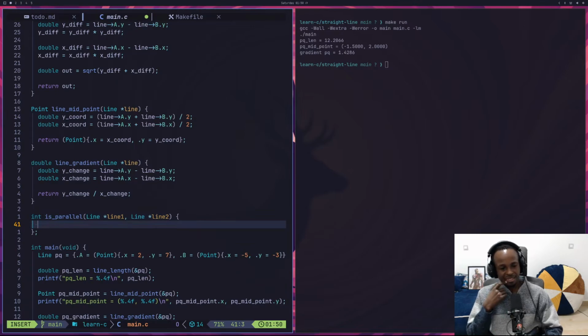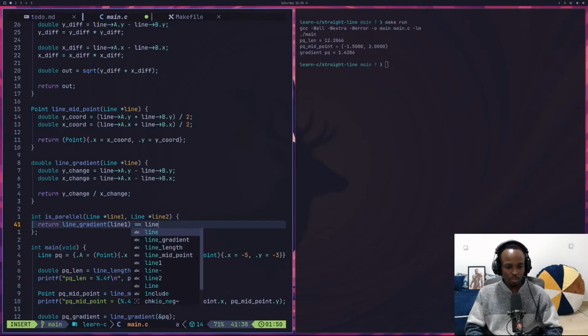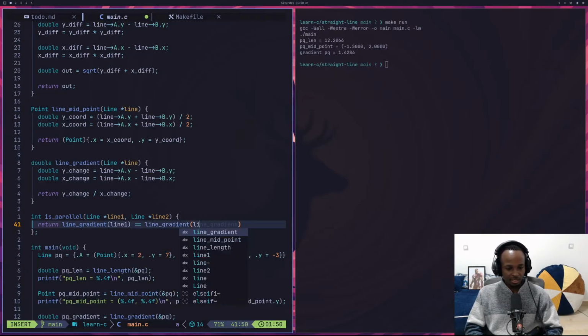And let me think. Yeah, we are just checking if the gradients of the two lines are equal. So we need to return line gradient, and then we are just going to pass line 1, and we are checking is the line gradient of line 1 equal to the line gradient of line 2.